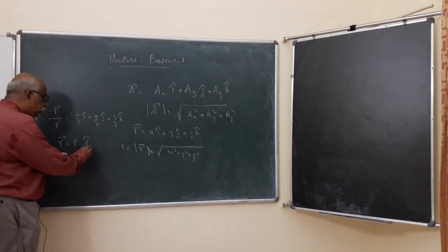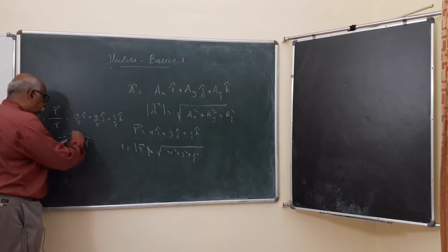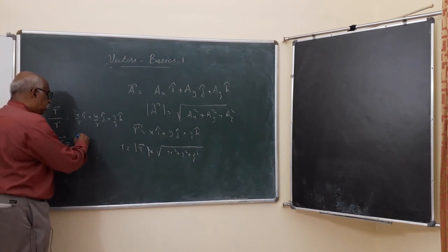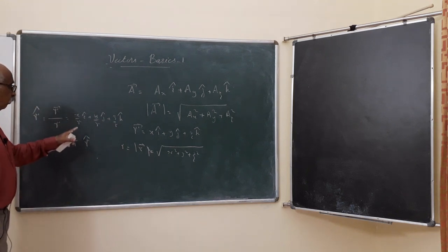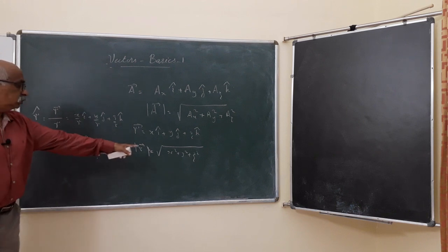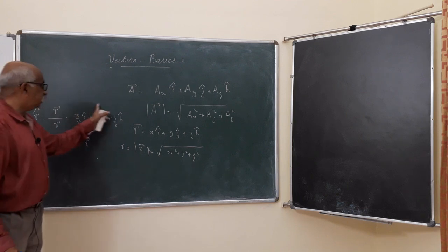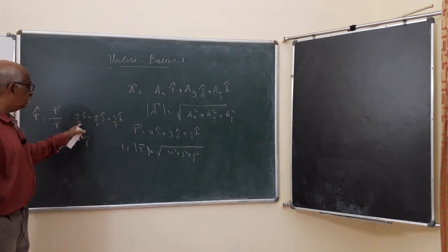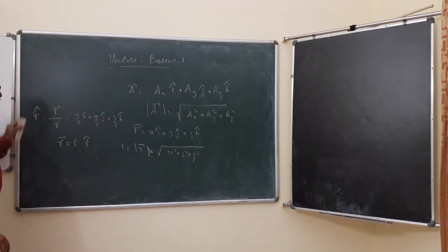When we write it in this form, we find that it separates out the magnitude of the vector and the direction of the vector. This unit vector takes care of the direction of this vector r, and the r here takes care of its magnitude. This is the unit vector. Unit vector involves the direction cosines and the i, j, k triad of vectors.